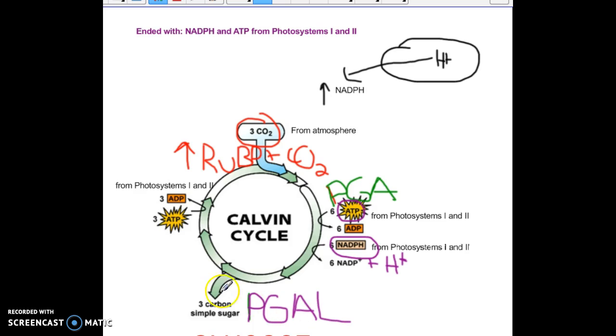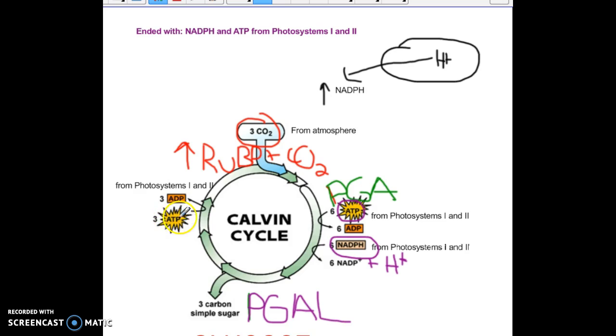What's really cool about this is that the big thing is I get some simple sugars out of this, 3 carbon simple sugars, so the glucose that I really need out of it. But to get PGAL back to RUBP, I do need a little bit more ATP, and again that ATP came from photosystems 1 and 2, so the same thing happens here.